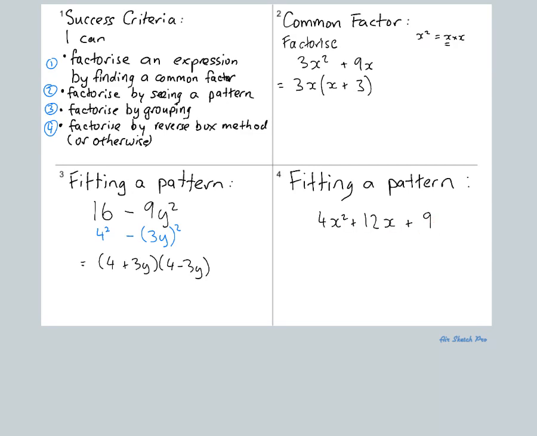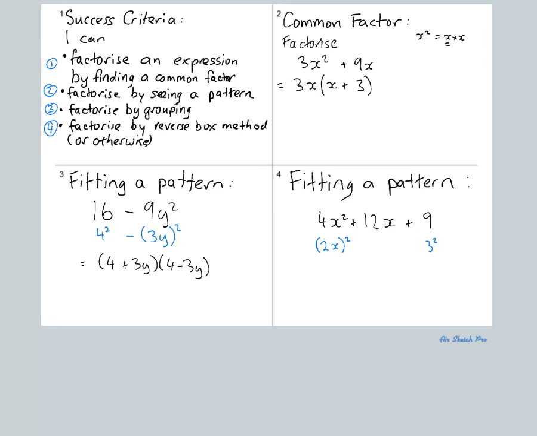So if I have a look at the first term here, I'll see that 4 is 2 squared and x squared is x squared, and so I have 2x squared. So that's what you can do in your head, or you can just write it down literally. 9 I know is 3 squared, so that's all good. So I have a square at the start and a square at the end, and I have something in the middle.